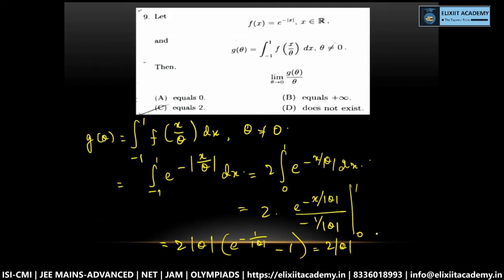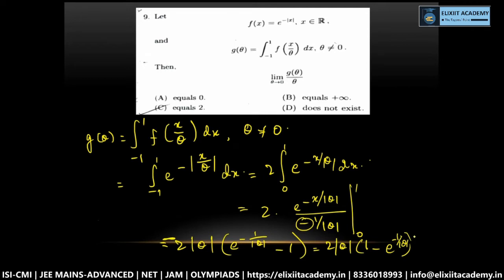Oh, there was one negative sign as well, so we can multiply with this negative sign. So this becomes 1 minus e to the power minus 1 upon mod theta. So this much calculation we have done.